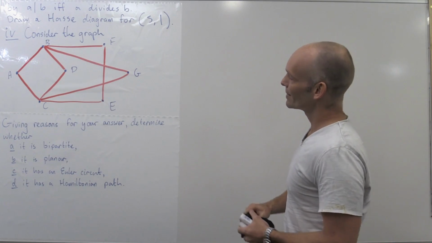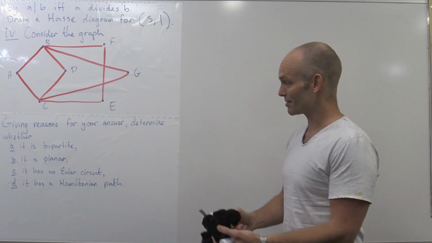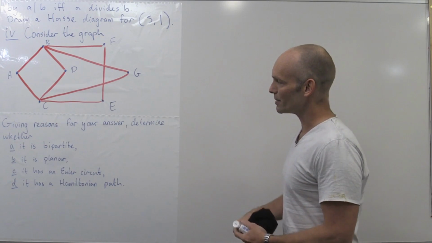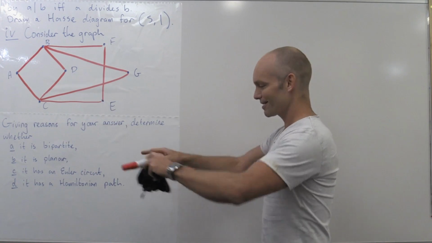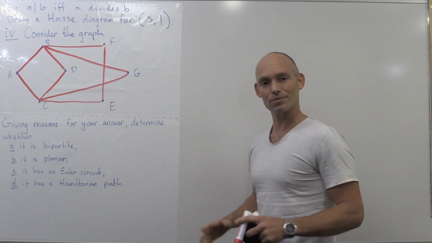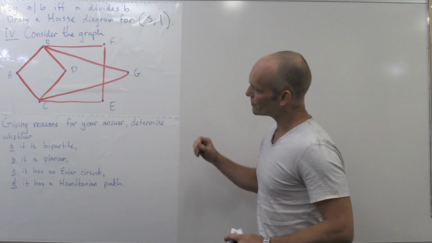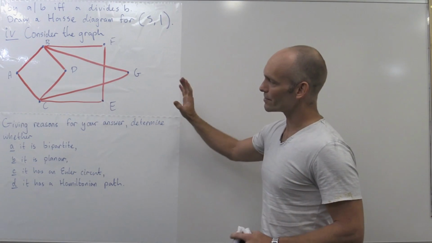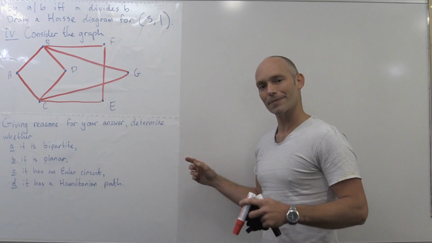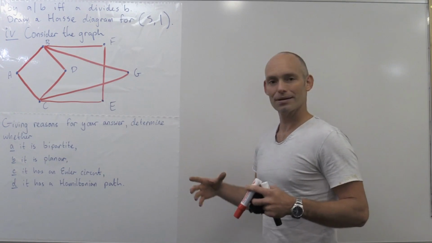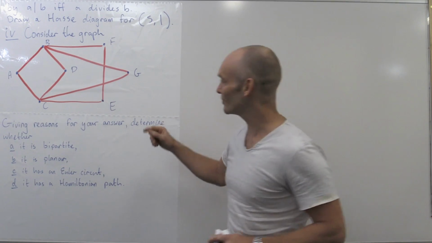Is it bipartite? Well, here you could just start by drawing it up, start with one vertex and try to draw a bipartite graph up. That's one way of doing it. But you can also have a shortcut here because the graph isn't very complicated, so you can quickly check, does it have a cycle of odd length? And yes, it does. Look here.